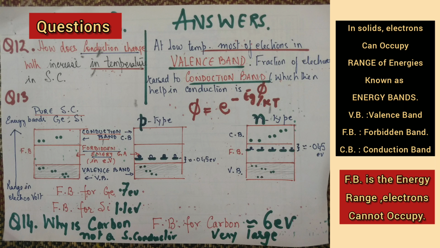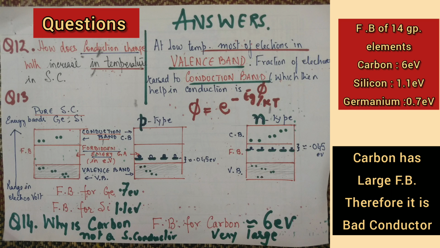Higher to this is the forbidden energy range, the forbidden band, which the electrons cannot occupy. Above this is the conduction band, an energy range which the electrons can occupy. They gain energy and move on to the conduction band. This means they are helping in conduction. On the basis of the forbidden energy range, we divide materials into good conductors, bad conductors, and insulators.